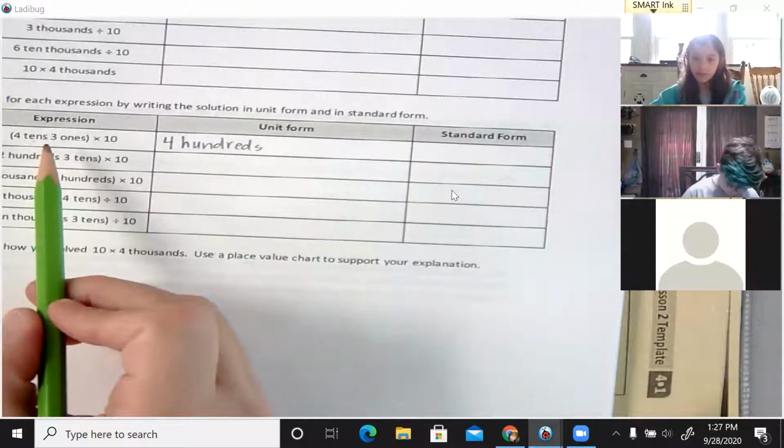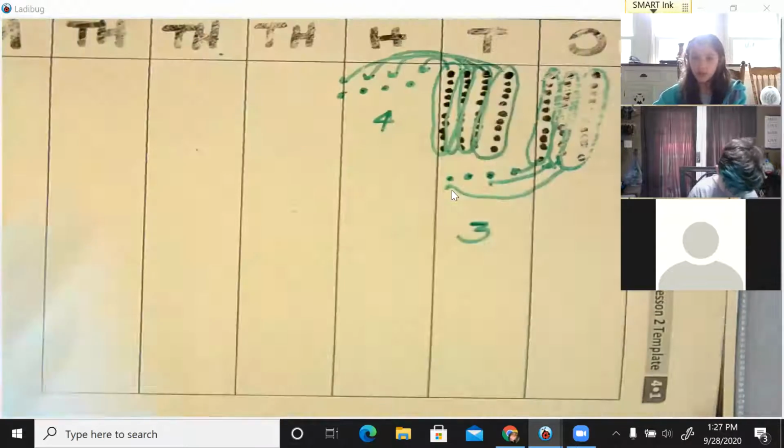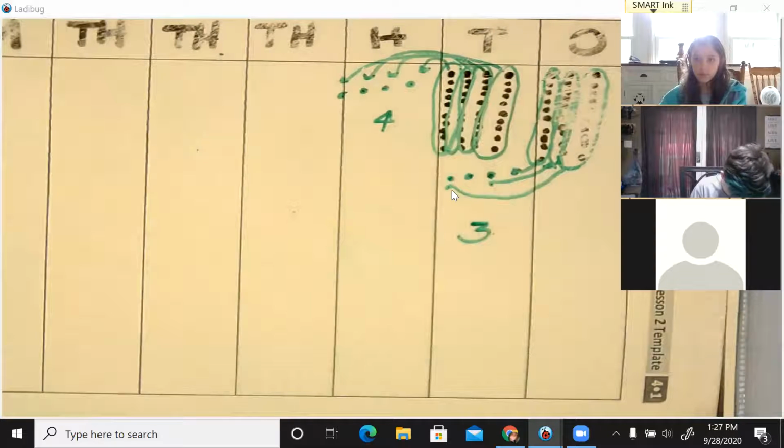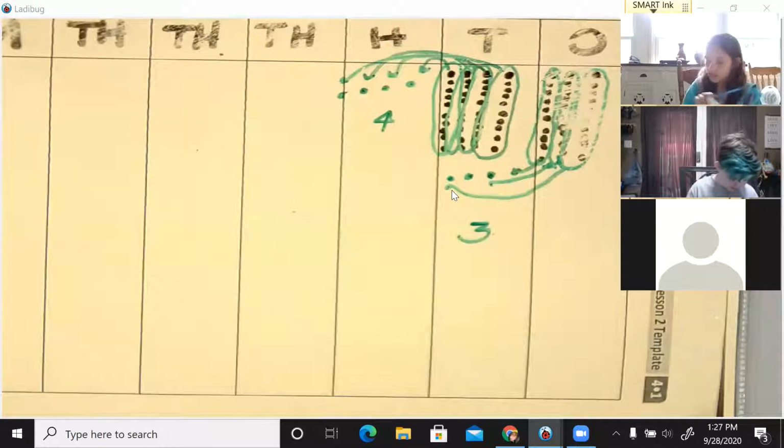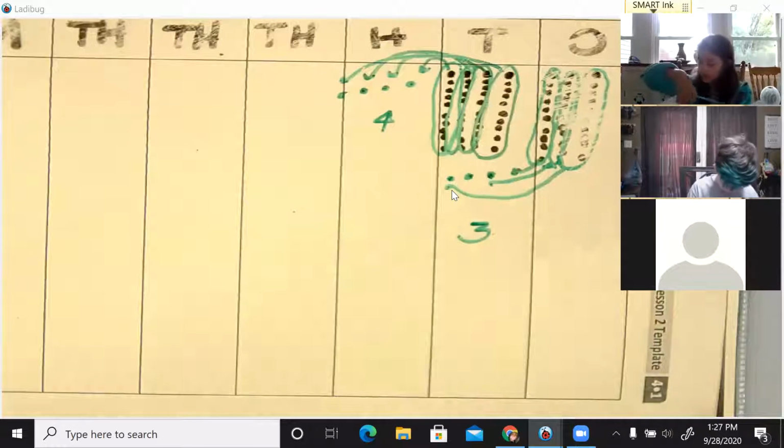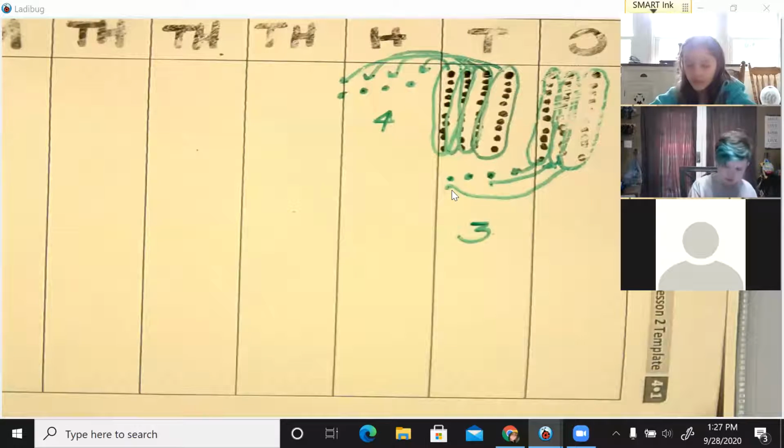And the place value chart, if you want to draw with me, you have a copy on page 14. I just thought it would be easier if I drew for you and you just followed along. But if you want to draw, it's on page 14. Did you find it, honey? Yeah.